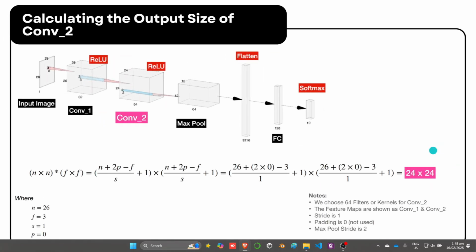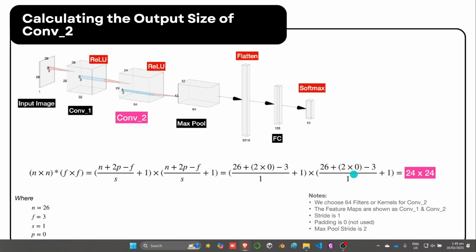So let's take a look at the second convolutional layer, conv2. Again, just like this, the feature map size now is 26 by 26, so we use the 26 here.